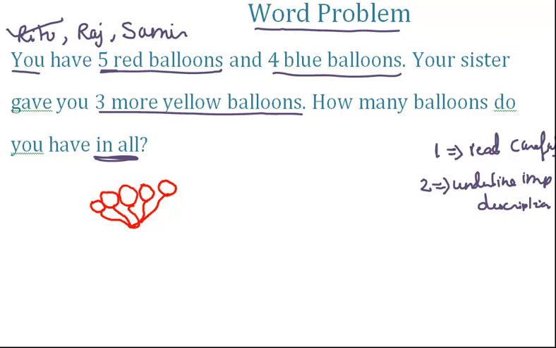Then I have 4 blue balloons. Now 1, 2, 3 and 4. Now my sister gave me 3 more yellow balloons. So that is 1, 2, and 3. So these are the balloons.